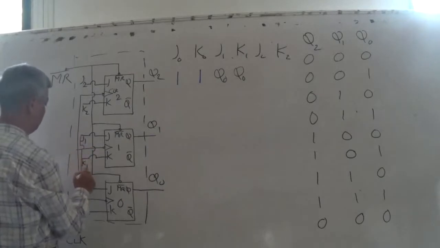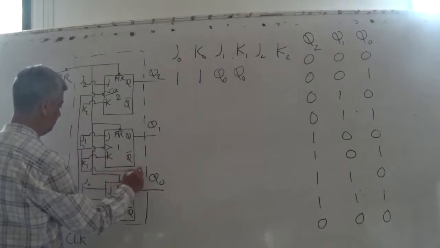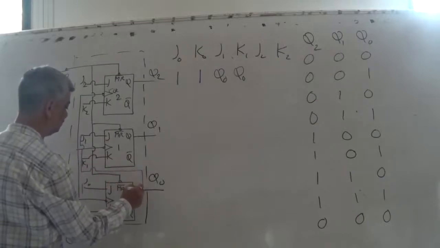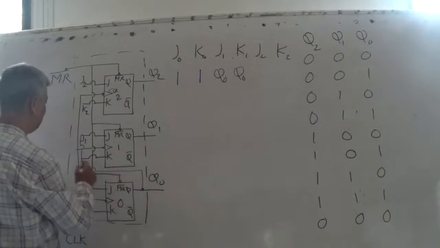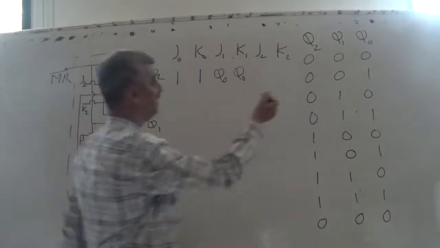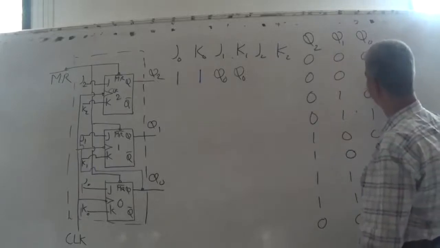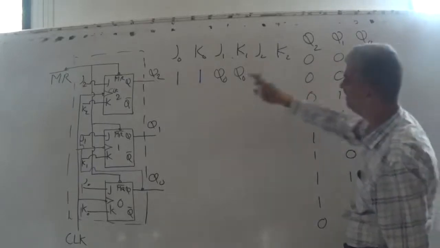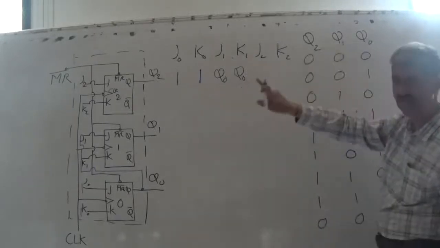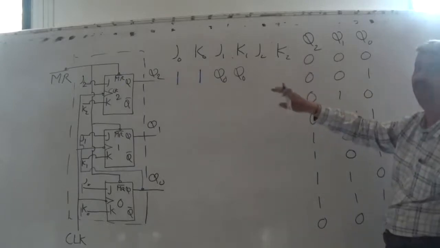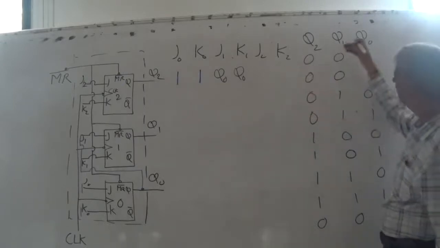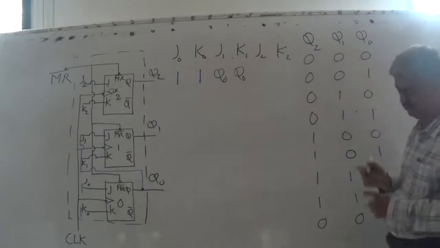J1 and K1 I will connect common and I will connect it to Q0. So, if Q0 is 0, they will be 0, 0 and this will continue. If Q0 is 1, J1, K1 will be 1, and when J1 and K1 are 1, 1, when the next clock comes, Q1 will toggle.